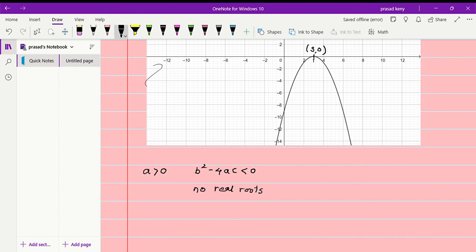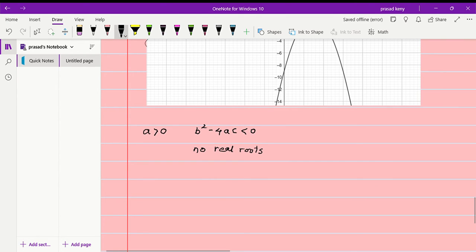Or in other words, that means the graph neither intersects nor touches the x-axis, and since a is greater than 0, it will be a u opening upwards.